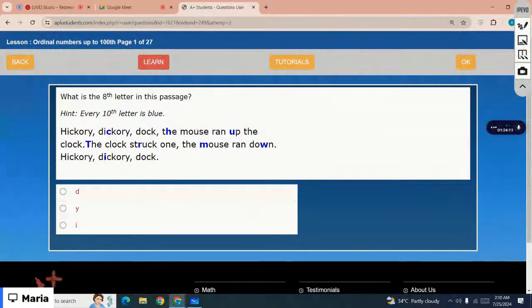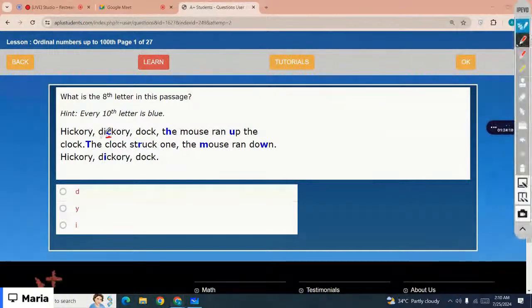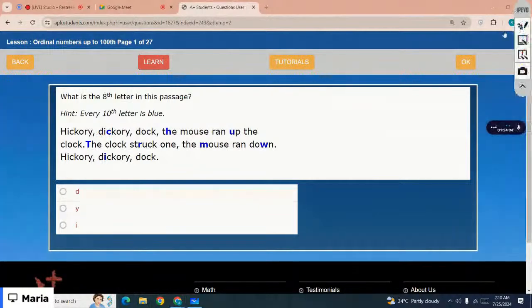We know that the 10th letter is blue. So here is the 10th, right? Go back 9 and 8. That means D is at the eighth position. Got it? The correct option is D. D is at the eighth position.